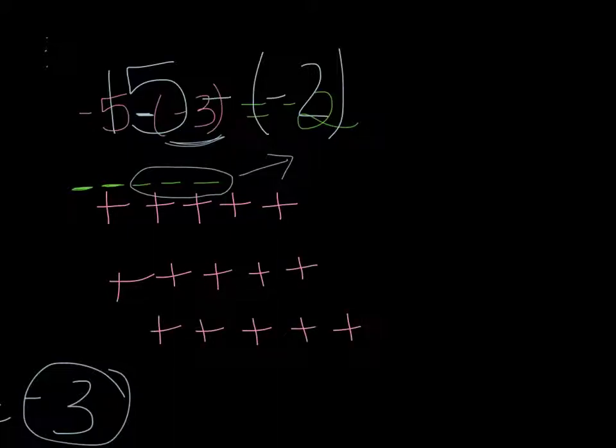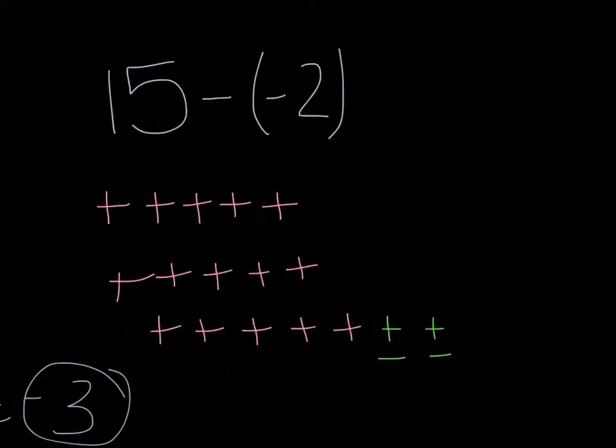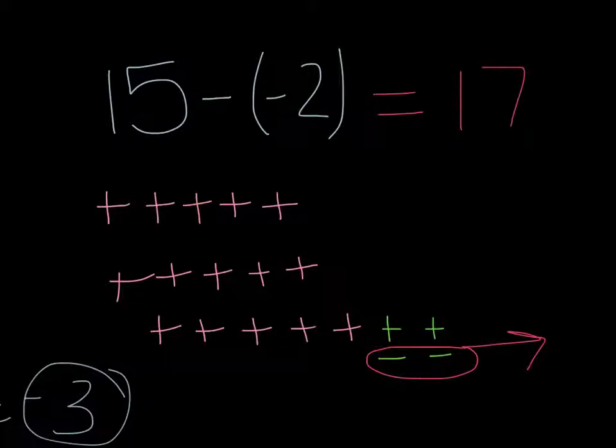And now I'm taking away negative 2. I don't have negative 2 on here, so I'm going to add a 0 pair and another 0 pair. Now I can take away my 2 negatives, and then we count up what's left. And you'll see here, if you count these up, you'll have 17 positives.